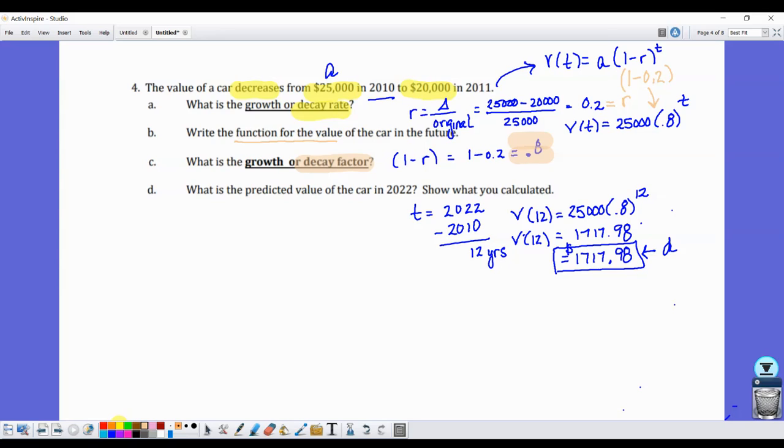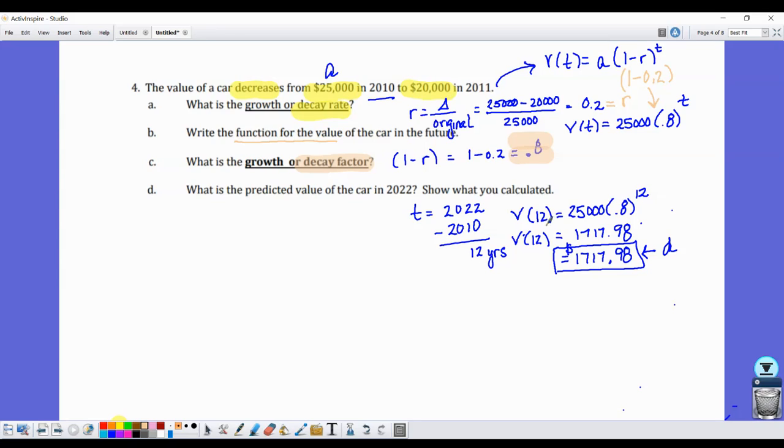And then part D asked about the predicted value, excuse me, in the year 2022. So we needed to know how many years we are talking about. Since the car was purchased in 2010, we subtract to find we're looking at the value at 12 years.